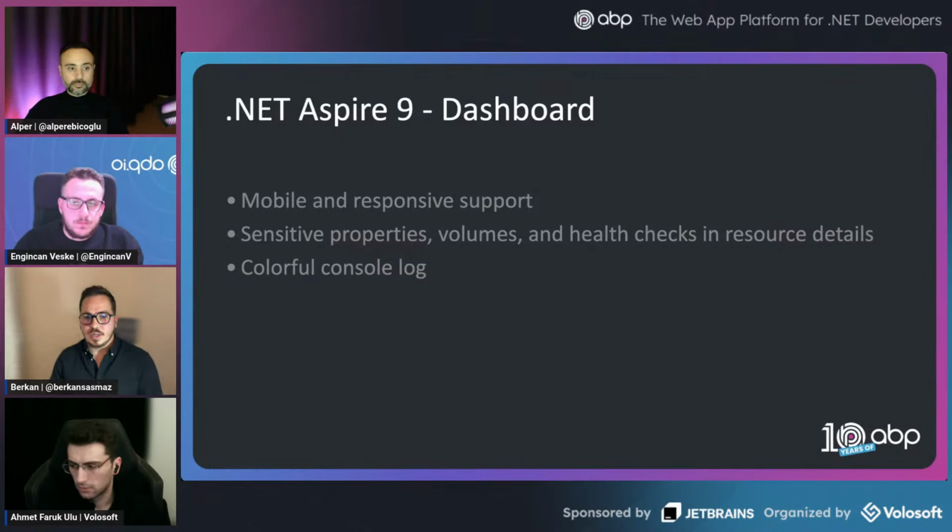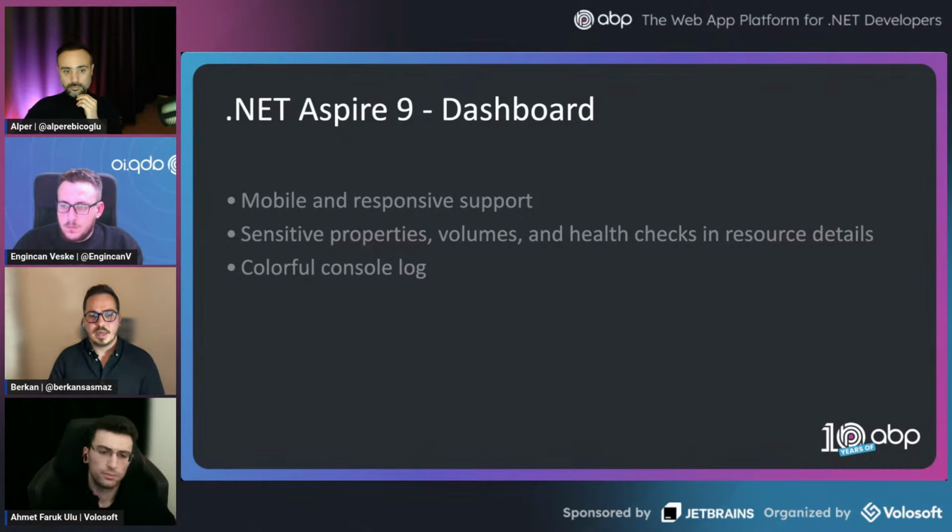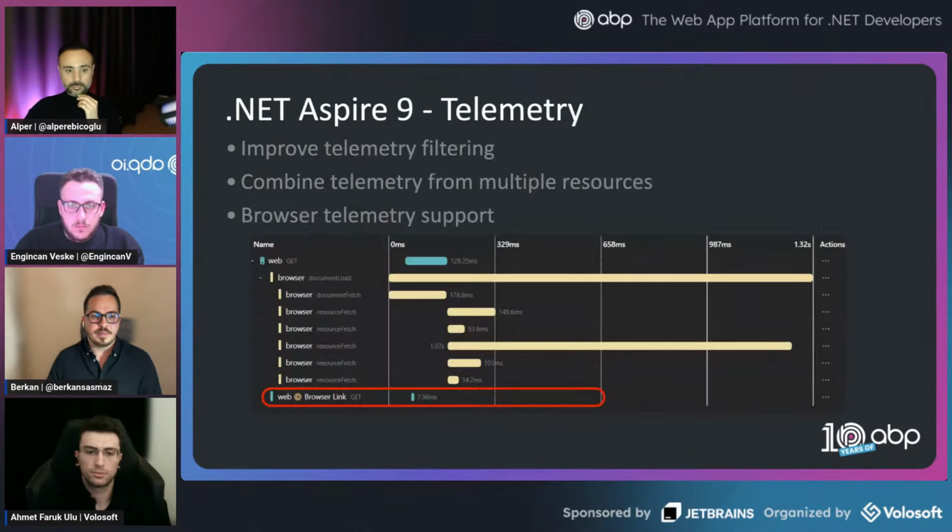Sensitive properties such as keys and passwords are masked automatically to enhance security, especially during screen sharing. Finally, the console log page supports ANSI escape codes for better formatting. This allows the logs to display multiple styles, such as color and bold, at the same time. These updates make the dashboard more user-friendly and informative.